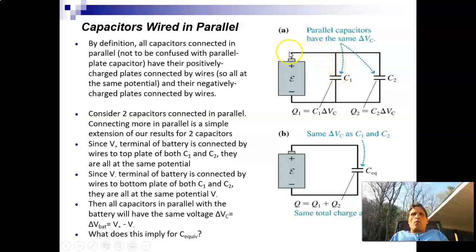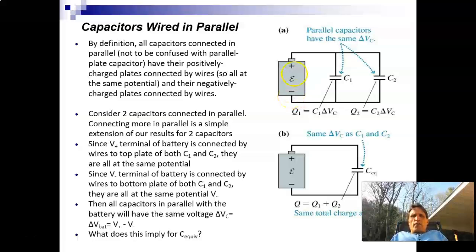The top plate of 1 is connected by a wire to the positive terminal of the battery. And if you have a third, the second would be connected by a wire to the third. So in other words, all of the top plates are connected together by wires. And similarly, all of the bottom plates are connected by wires. And those are all connected, in this case, to the negative terminal of the battery.